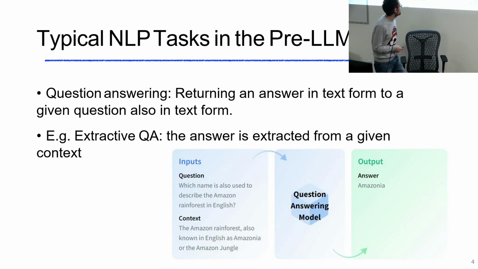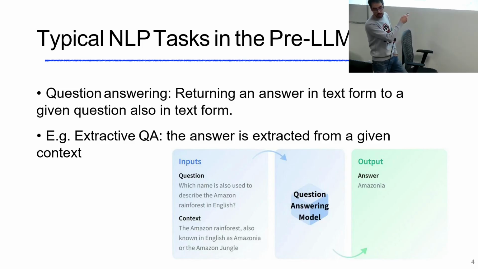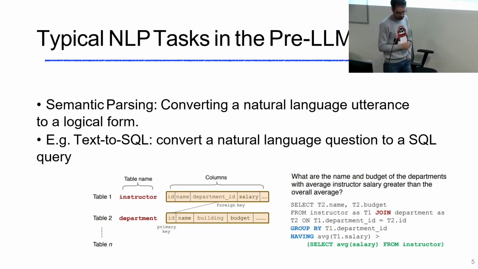If you need to query a database, you need to learn SQL or whatever other language. It would be nice if you could query a database in natural language. So question answering systems existed before large language models; this is not something that has been enabled by large language models. Before large language models, you could do this kind of stuff.